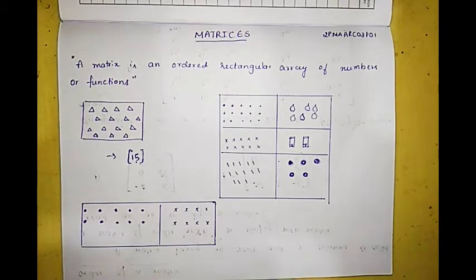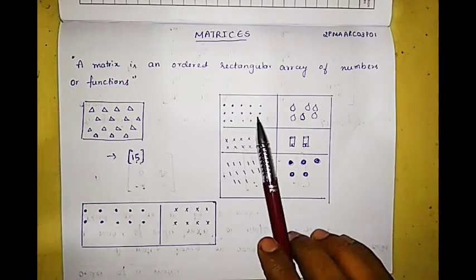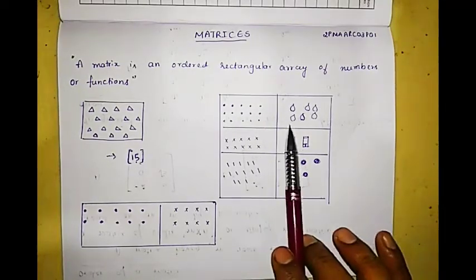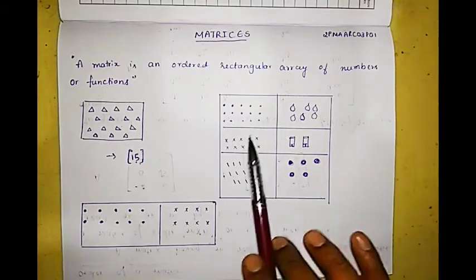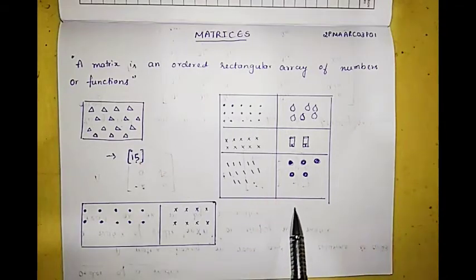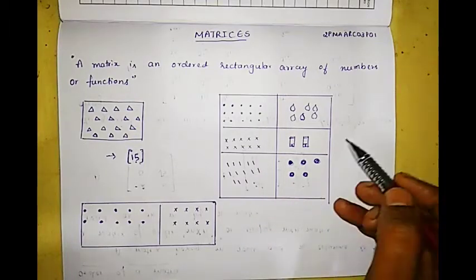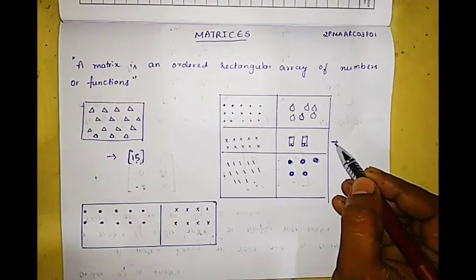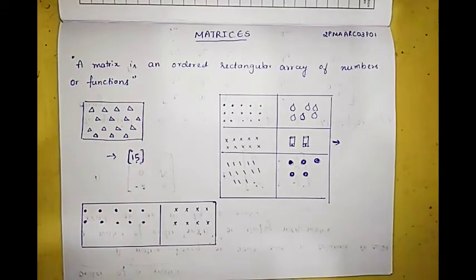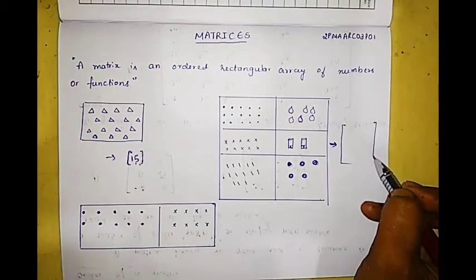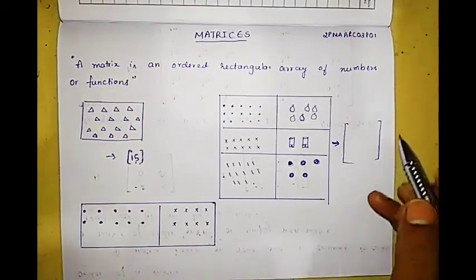Clear? In this case, there are 6 different types of elements or objects which are arranged in a shelf, or in certain boxes. If I represent this in terms of a matrix, it contains the elements like this.